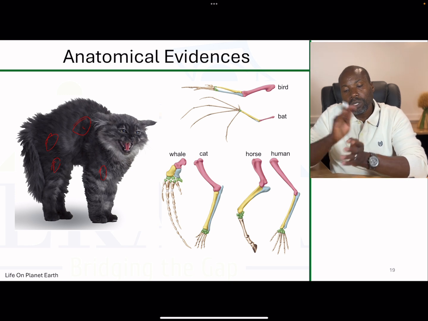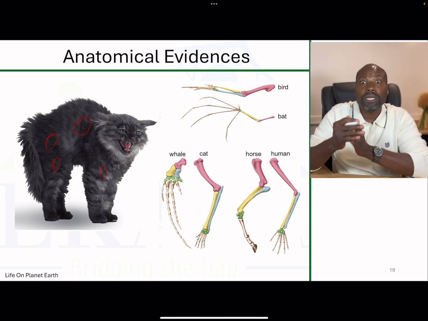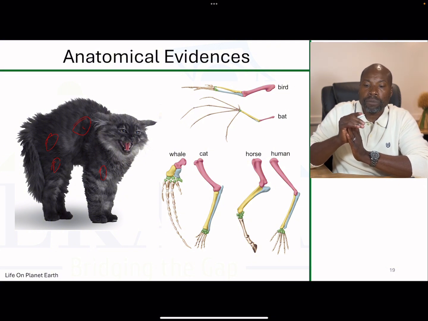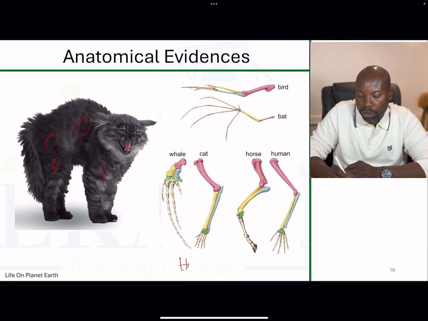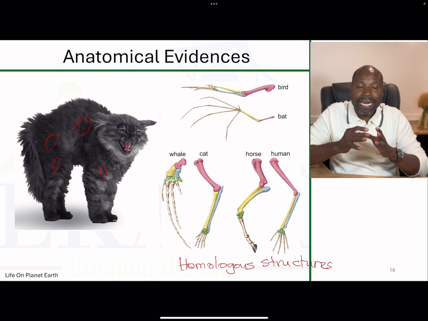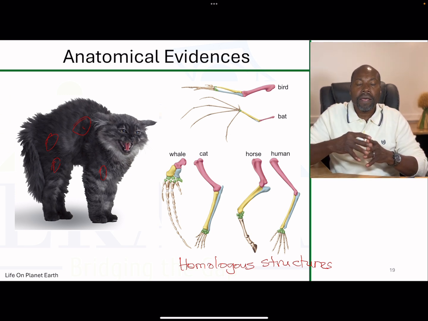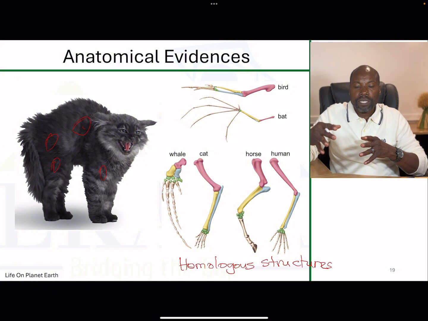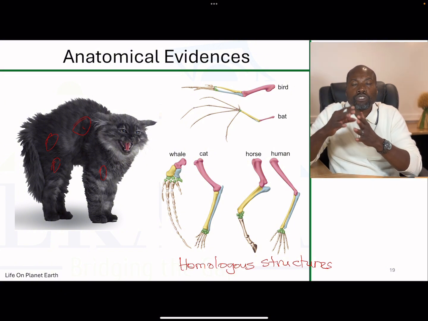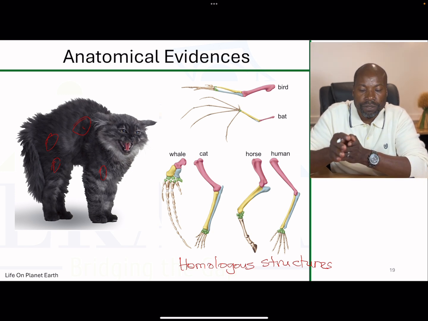Okay. Now, taking a closer look at what we call homologous structures. Homologous structures. These homologous structures are structures that have the same origin, but in different species, this structure ends up evolving into structures with completely different functions, right?